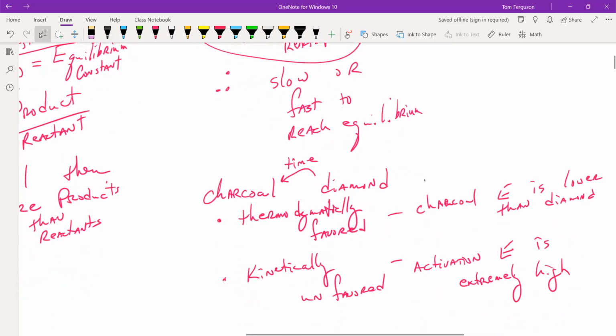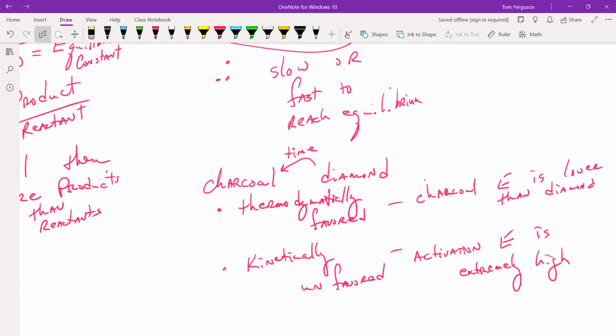All right, does this make sense, you guys? Okay, and this kinetic favorability is where enzymes come in, because enzymes will lower the activation energy. So if we had an enzyme that was tailored to this diamond charcoal transformation, we would see these very expensive pieces of rock go into charcoal.